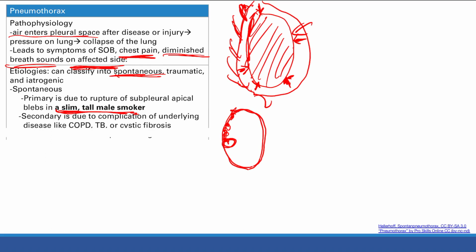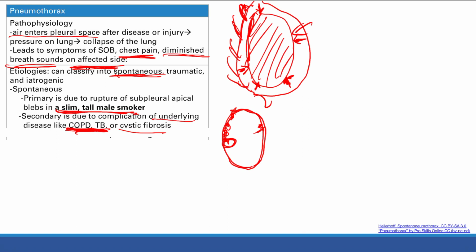Now, next is a secondary spontaneous pneumothorax, and that's the complication of underlying disease. So COPD, so basically infection, COPD, cystic fibrosis, causing damage to this pleura, and then if you get enough damage, air can leak through, and that's how you can get secondary spontaneous pneumothorax.